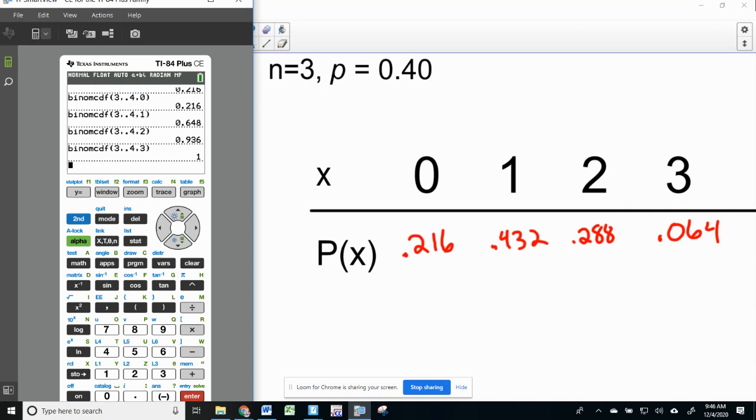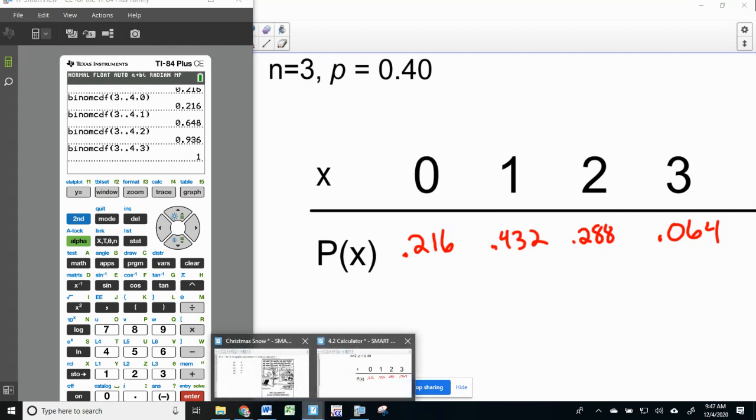So notice, at 0, when you do C, it's just the 0. When you put 1 in, it's 1 and 0. When you put 2 in, it's 2, 1, and 0. And when you put 3 in, it's 3, 2, 1, 0.